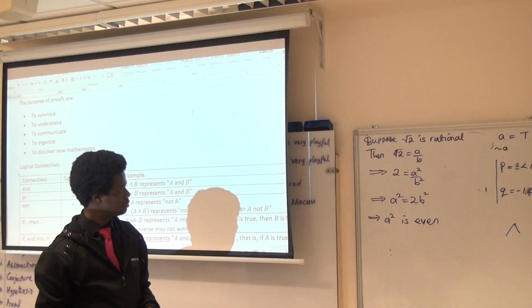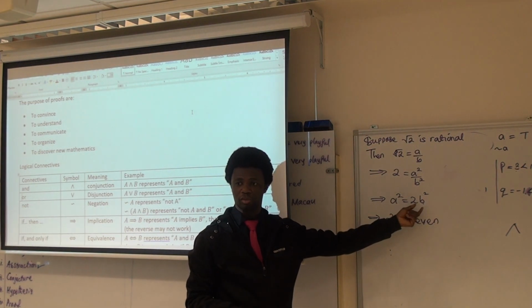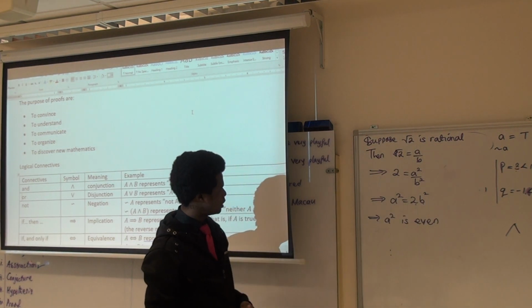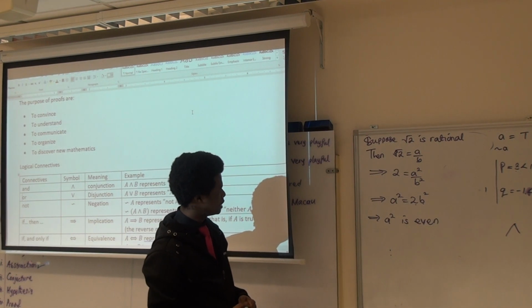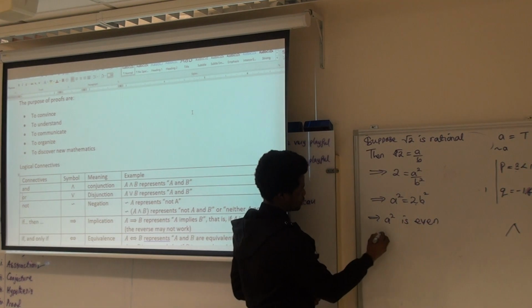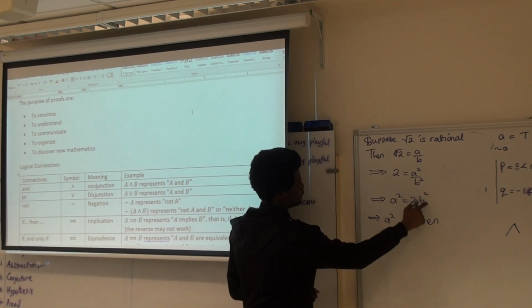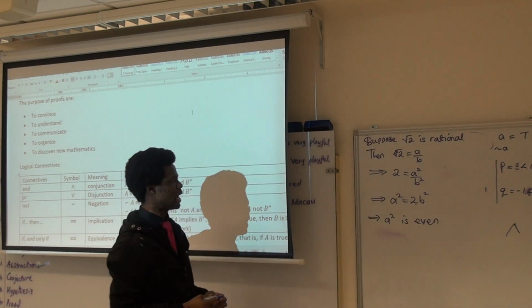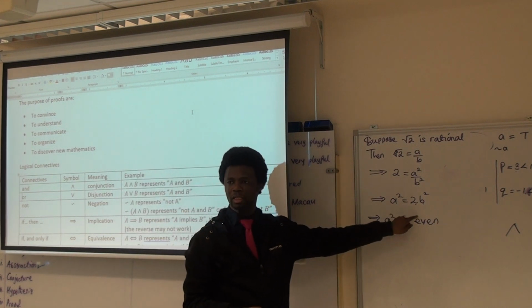Twice of something is even, right? So if A squared is even, what does that tell us? Okay, let's see. But do we know anything about whether B is odd or even? A squared will be even because of this times 2, right?